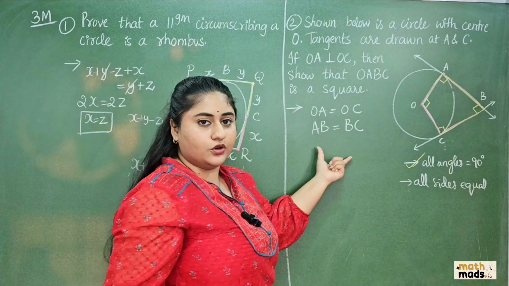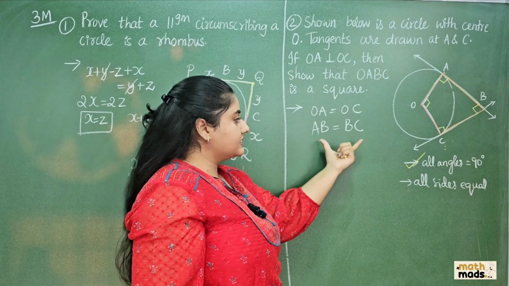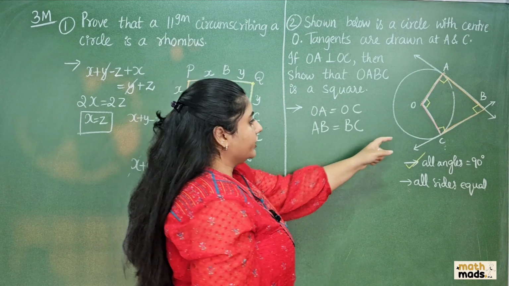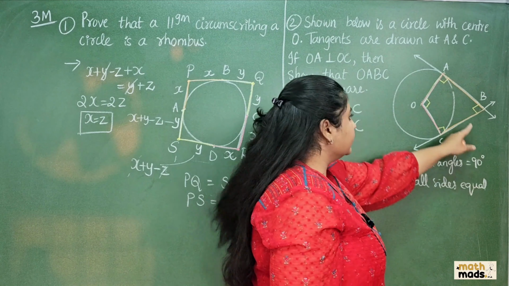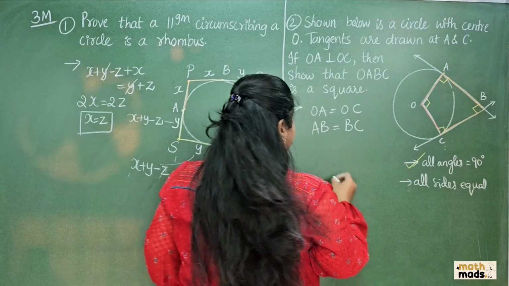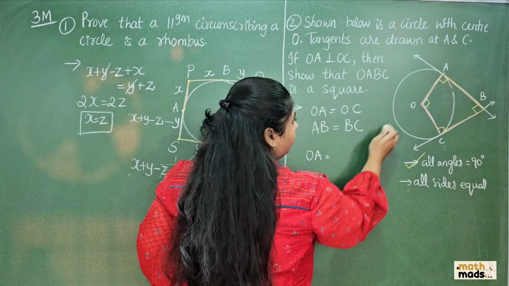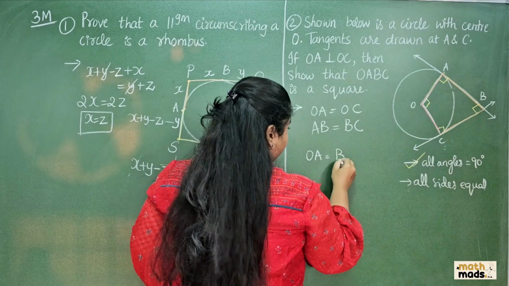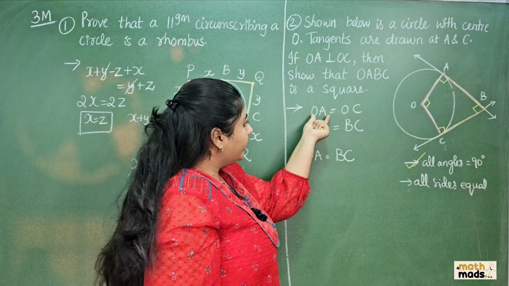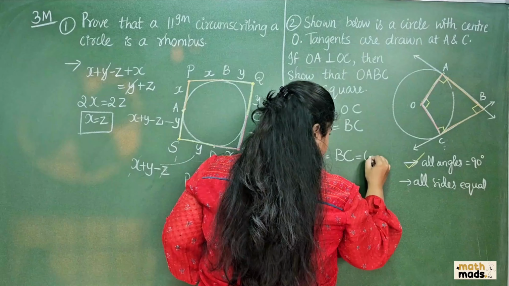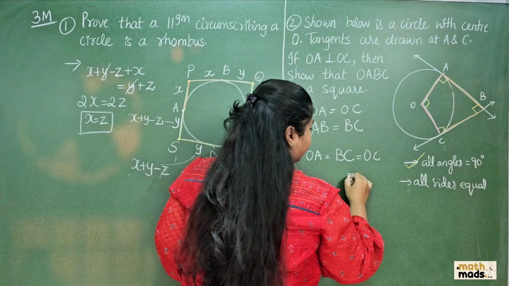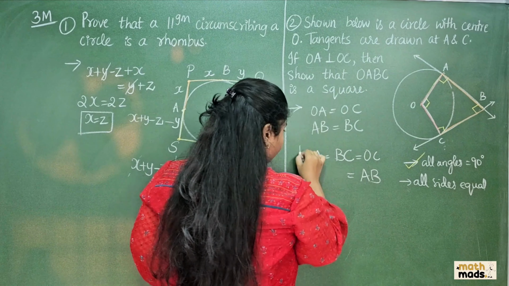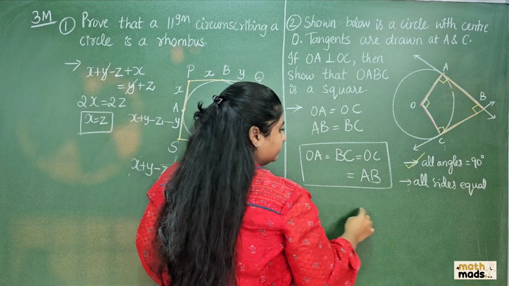But since all angles are 90 degrees, opposite sides will be equal. What is the meaning of that? OA will be equal to BC, right? But what is OA equal to? It is equal to OC and BC is equal to AB. So I have proven that all sides are also equal.